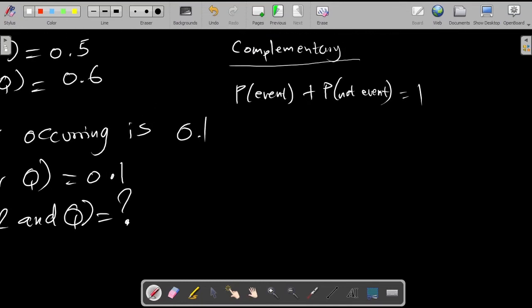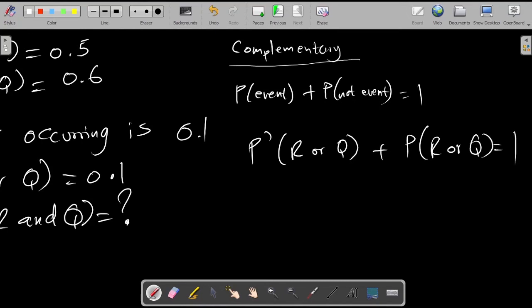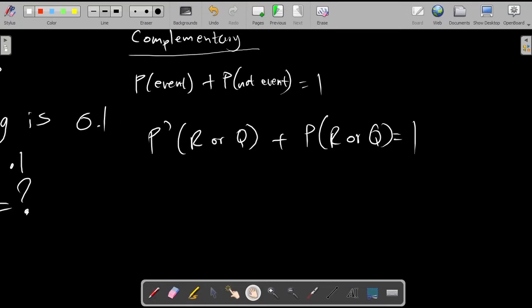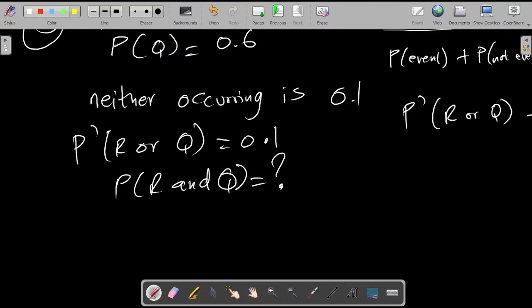So if we don't have R or Q, then we expect to have R or Q. Right? So this is the first step, and the reason that I'm doing this is in the question we're given the probability of not R or Q.